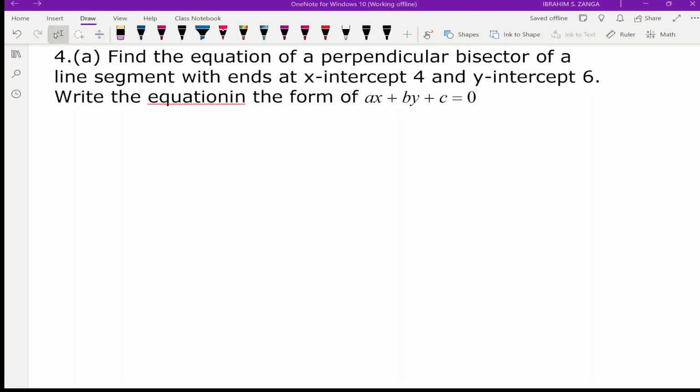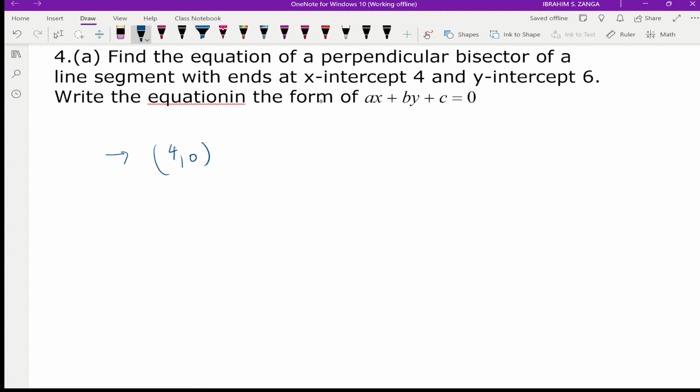So question number 4, as you can see: find the equation of a perpendicular bisector of a line segment with the ends at x-intercept 4, and if the x-intercept is 4, it means the point is going to be (4, 0), and y-intercept 6. So the y-intercept is going to be 6.